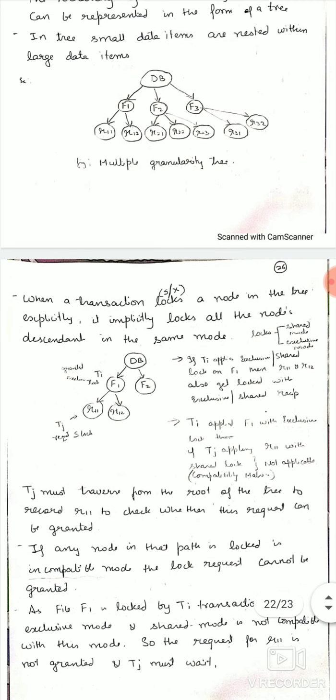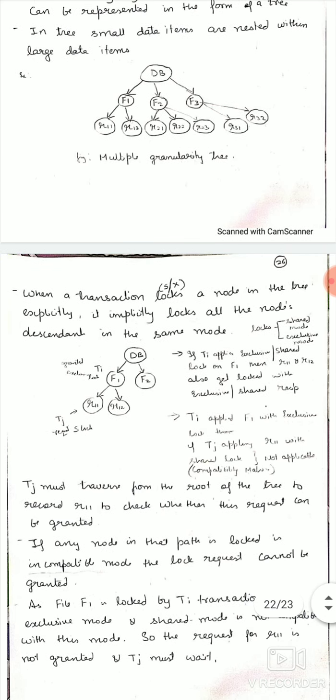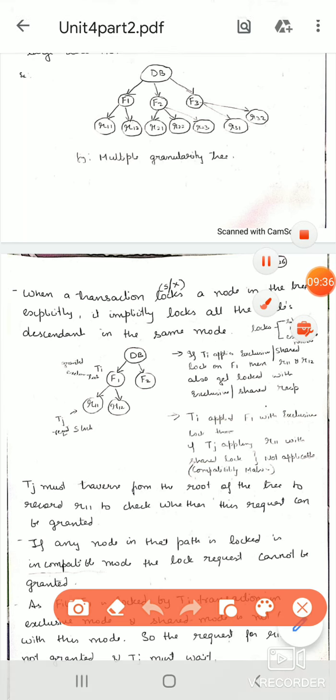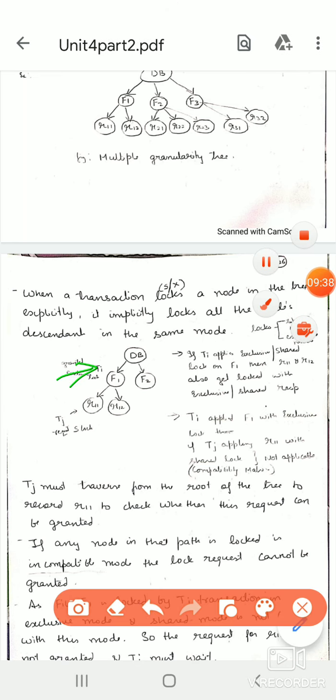In the other case, what happens if TI is applying an exclusive lock on F1? If it is applying an exclusive lock at F1, then the request below from R11 and R12 is requesting a shared lock.